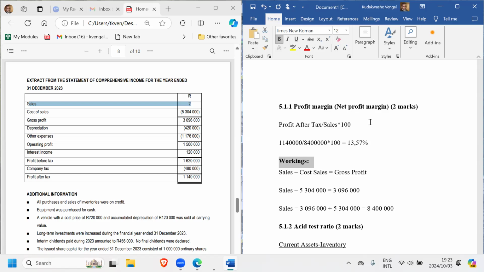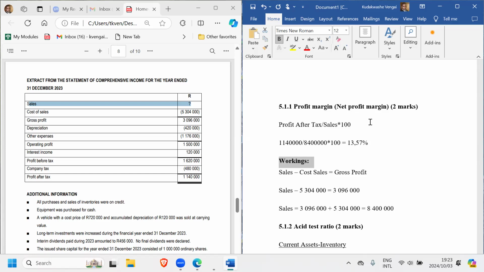The net profit margin ratio represents the profit that the company is making per every rand in sales. It just shows you the profit that you're making for the sales that you are selling in the organization. And so you can interpret and say that it has increased, if there was a ratio from last year.